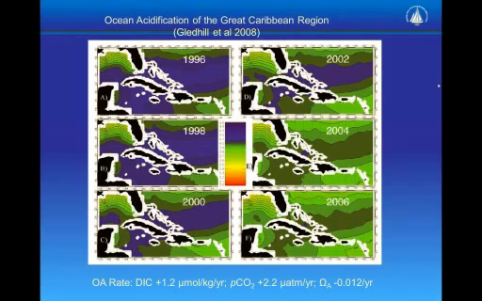Over the 10 years, aragonite saturation decreased by 0.012 per year, and DIC increased by 1.2 micromole. The rate is slightly higher than what is observed in the open ocean, or similar, not too much difference.